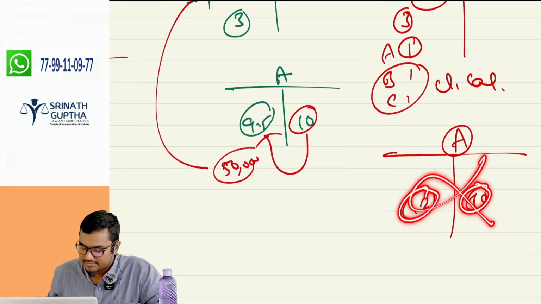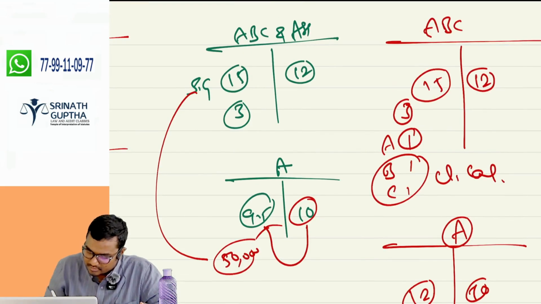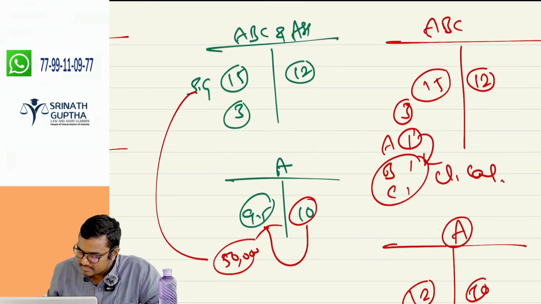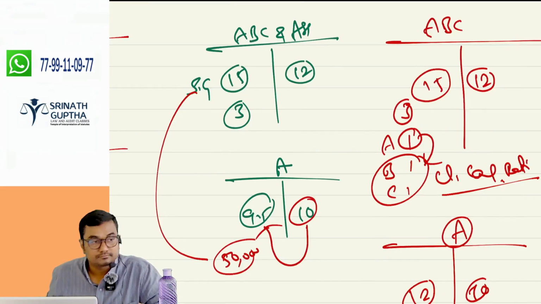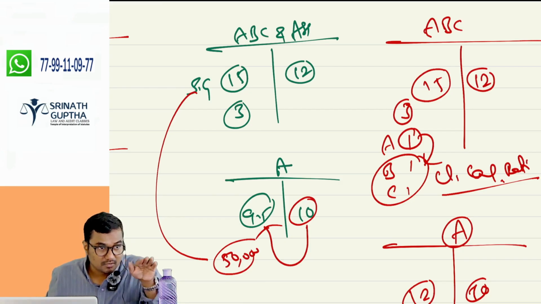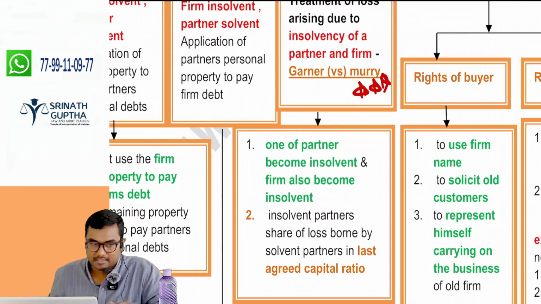So A is also insolvent. So A's 1 lakh is there, no? Who should take this, B and C, in closing capital ratio? Which ratio? Not opening capitals. On the date of dissolution, what are the closing capitals? In that ratio, solvent partners have to take the insolvent partner's share. Done. The Garner versus Murray case law.